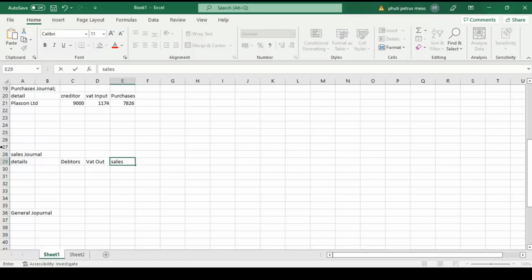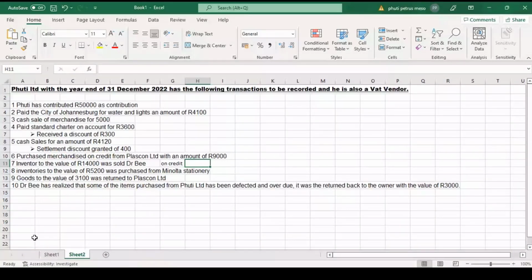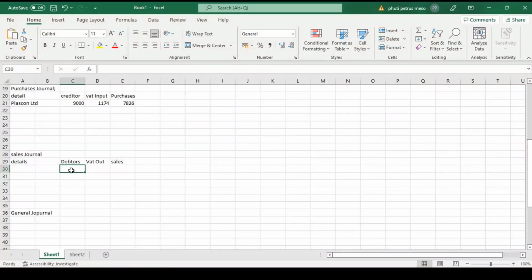And then we're going to have a look at the question quickly again, just to verify. It's 14,000 rand. So we're going to say the initial amount is 14,000 rand. And who is our debtor? Dr. D, sorry. And we're going to say how much is the VAT of 15%.